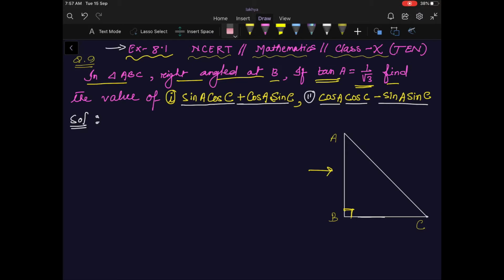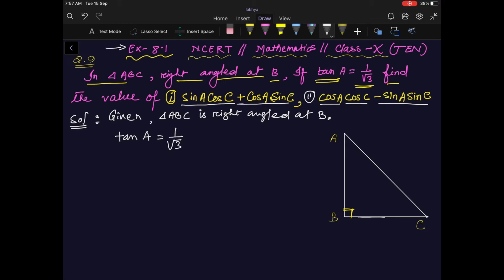So first, let us write the given things here. Given: triangle ABC is right angle at B. And also given that tan A is equal to 1 by root 3.